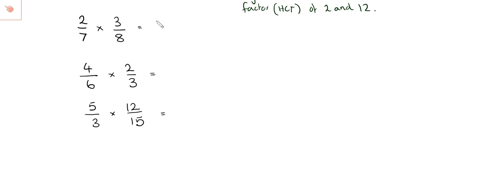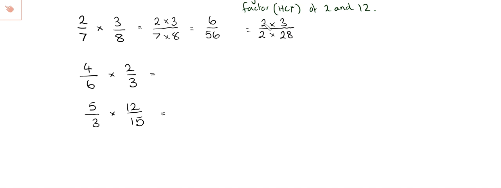So we've got, the first one is 2 times 3 divided by 7 times 8 gives me 6 divided by 56. Okay? Now, to simplify it, I spot that I can do 2 times 3 and 2 times 28.